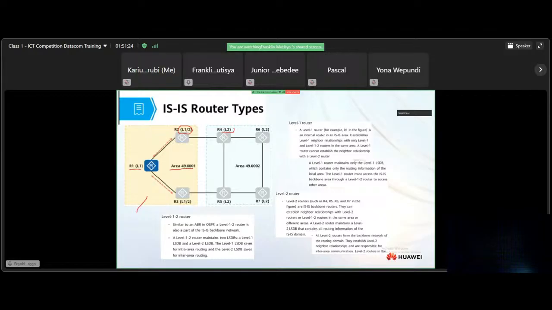You can also have another level 1, 2 here if you want on the backbone area, for purposes of exchange of traffic. Or you can just have one router serving as level 1, 2. So a level 1, 2, we have said, is a router that maintains level 1 LSDBs and level 2 LSDBs. And level 2 routers, we have said, are used in the backbone area.